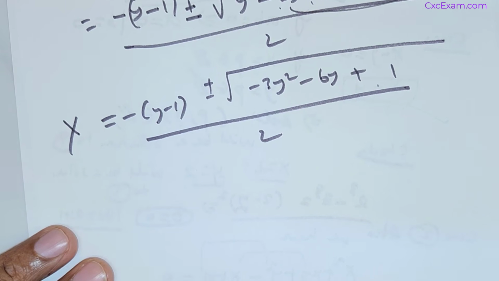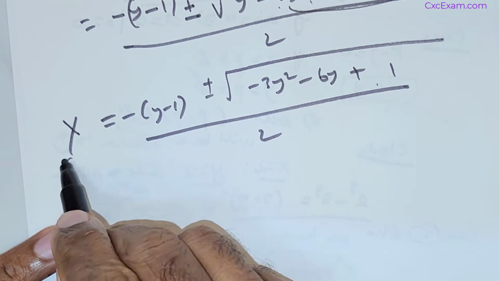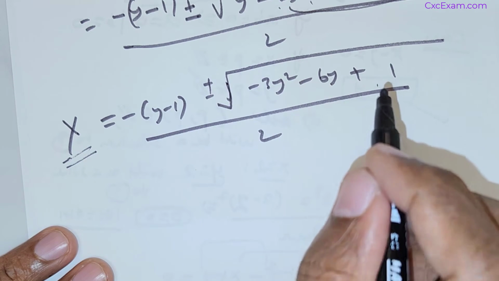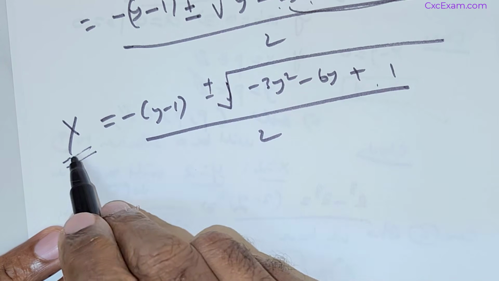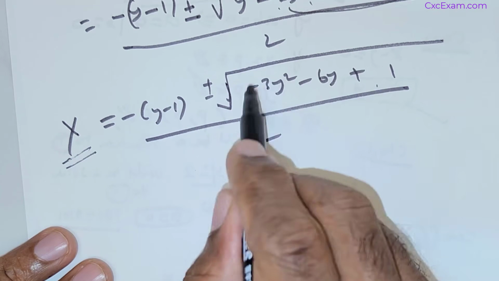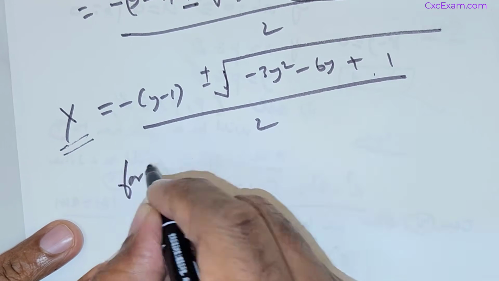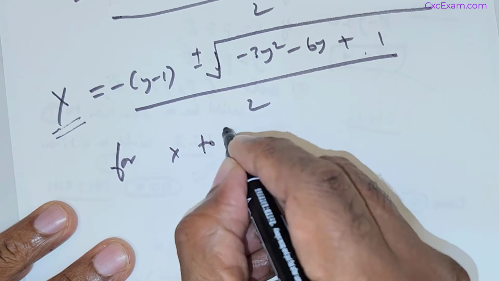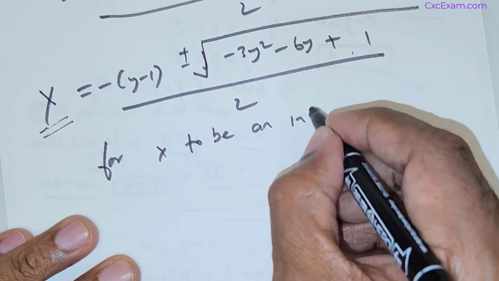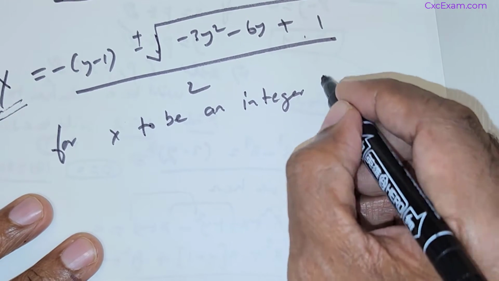Now the condition here is we need to have x to be an integer. Okay. So if you want to have x to be an integer, this quantity, the discriminant, should be a perfect square, because that is what is stated in the question, right?